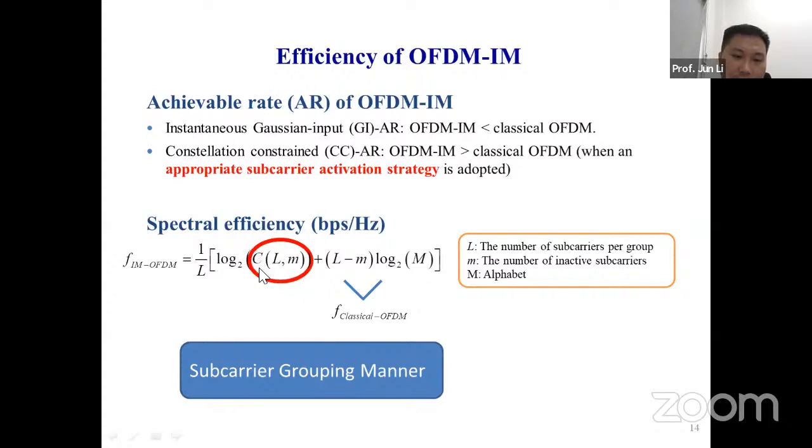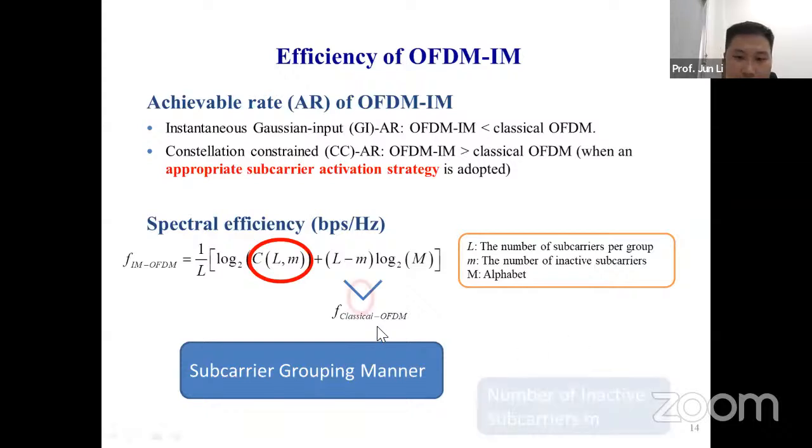This is the number of all of the combinations. And L minus M subcarriers are active. So that means the spectral efficiency of transmitting modulation symbols is (L minus M) log2 M. If M is equal to 0, then L log2 M is the exact spectral efficiency of classic OFDM.